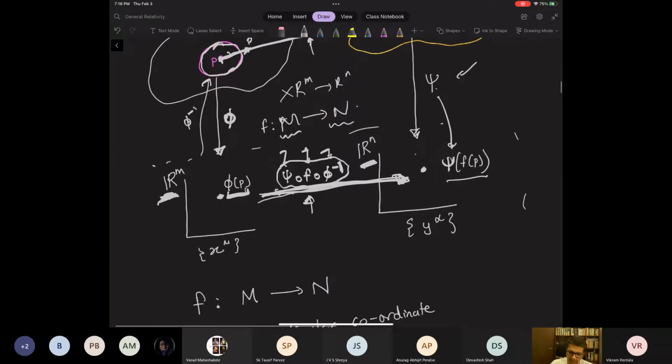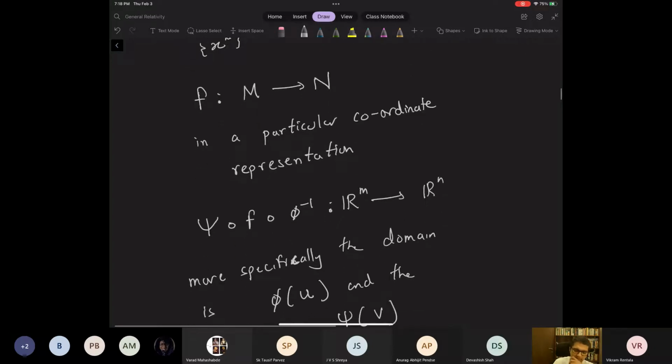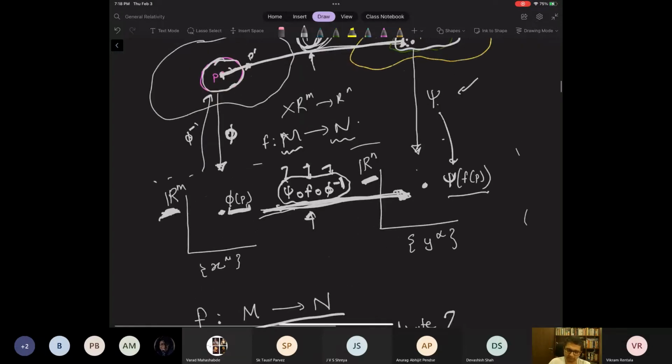Now let's be clear. F is a map from M to N. This map between the manifolds is independent of the coordinates. However, I can choose to talk about this map in a particular coordinate representation, which means I'm now restricting myself to a particular coordinate patch.